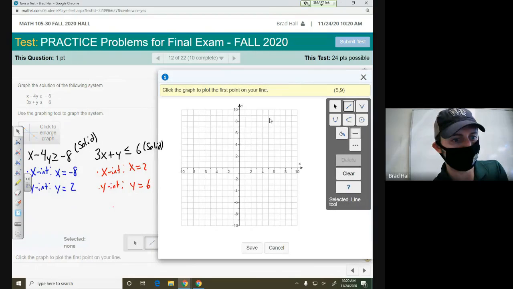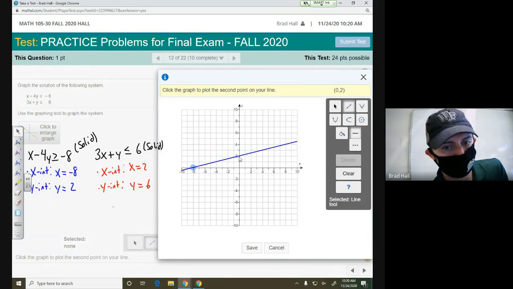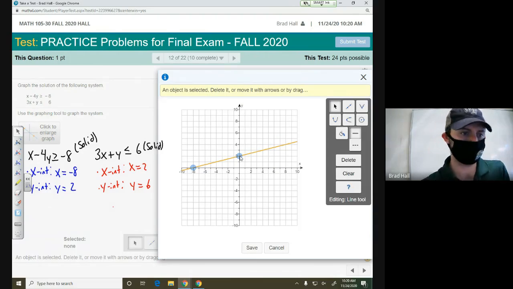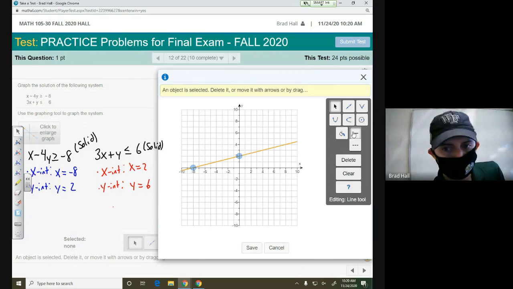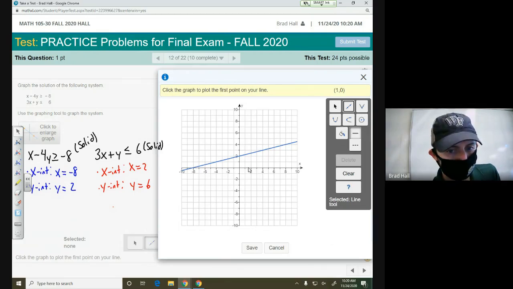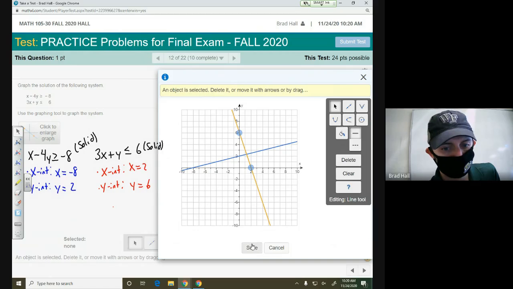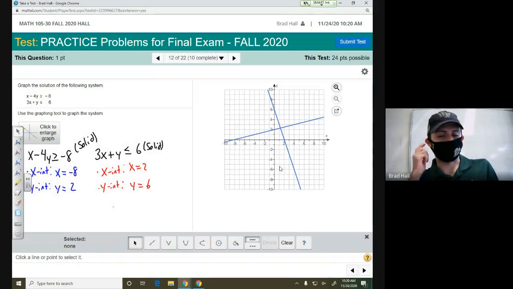So let's go ahead and plot all of these. So the x-intercept is -8 and the y-intercept is +2. And then for the other line, the x-intercept is 2 and the y-intercept is 6. If anything, I'll save that for now.